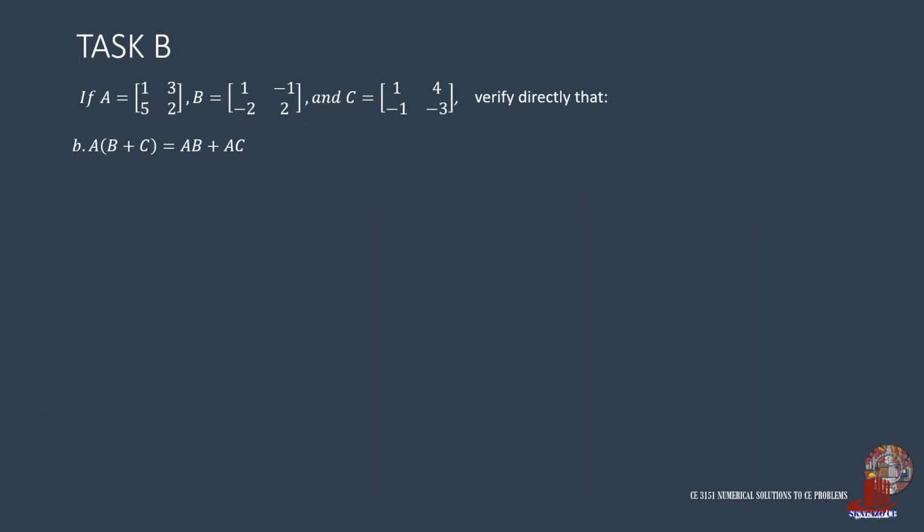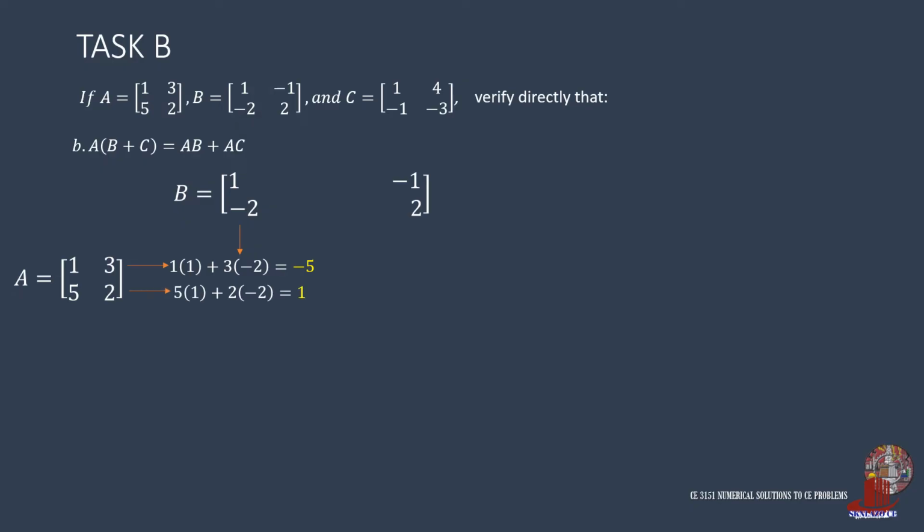Let's jump to the other procedure to compare the matrix we just completed. First is to have matrix AB by multiplying matrix A with B. That would be completed starting with row 1 column 1 of 1 times 1 plus 3 times negative 2, which is negative 5. Row 2 times column 1 provides 5 times 1 plus 2 times negative 2, or 1.